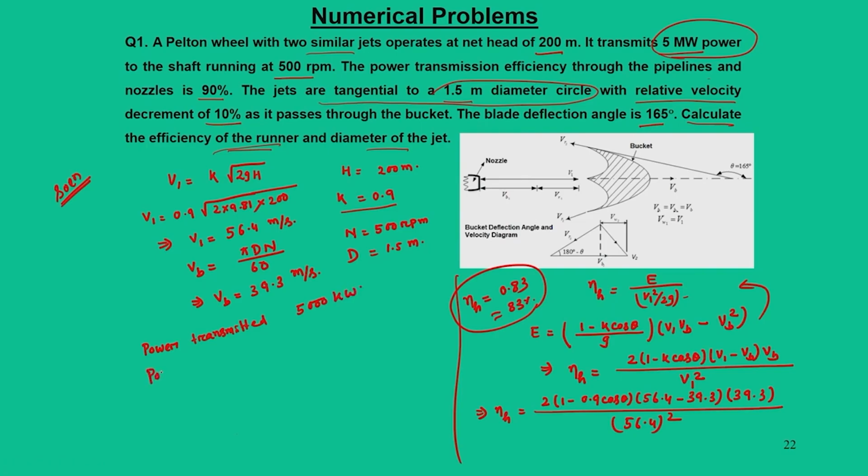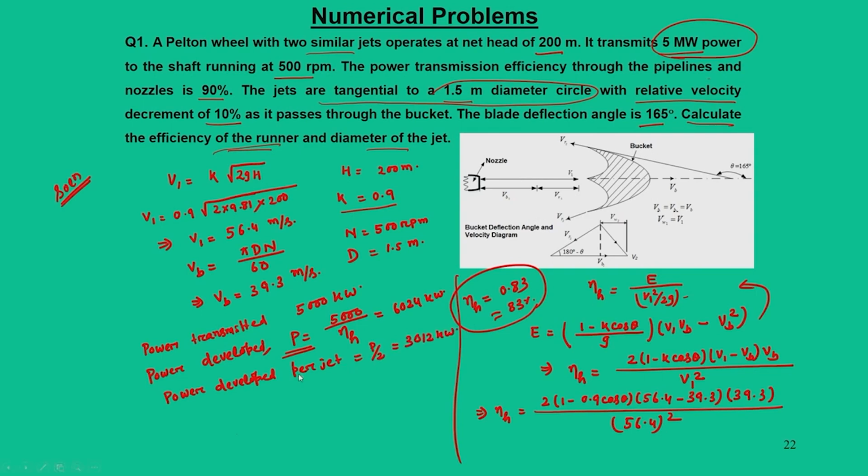So, power developed would be P equal to 5000 divided by this hydraulic efficiency, and that is equal to 6024 kilowatt. Since there are two jets, power developed per jet would be P by 2, that is 3012 kilowatt.